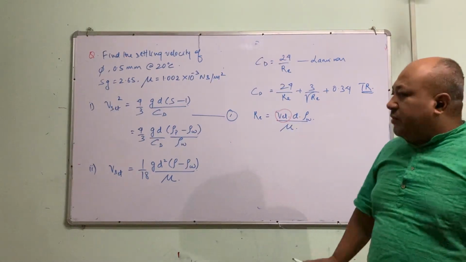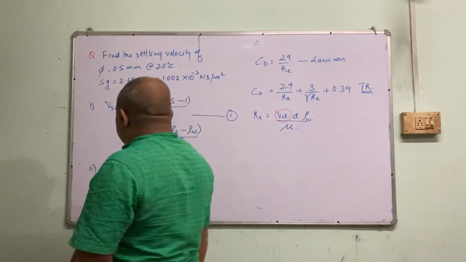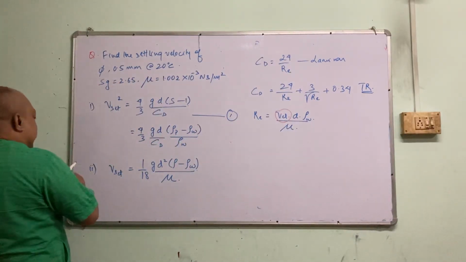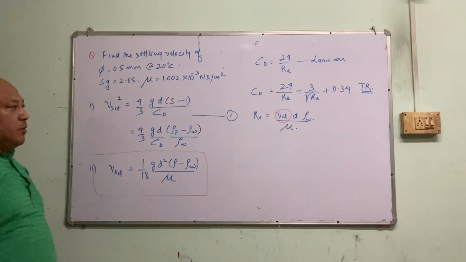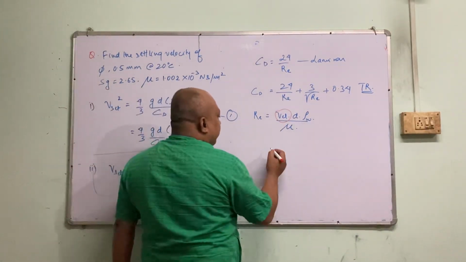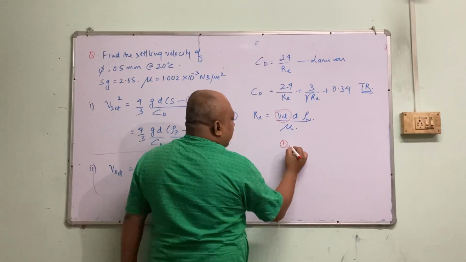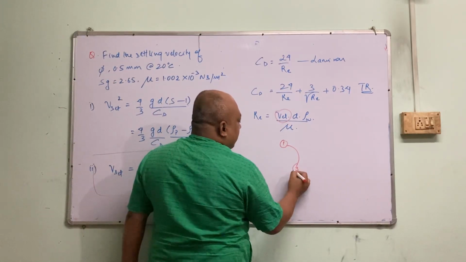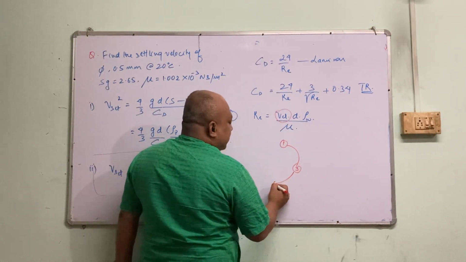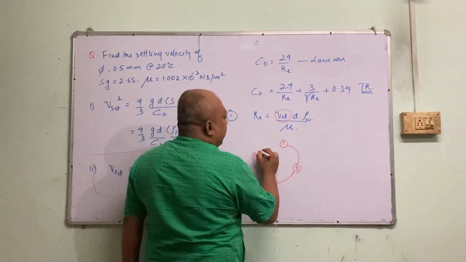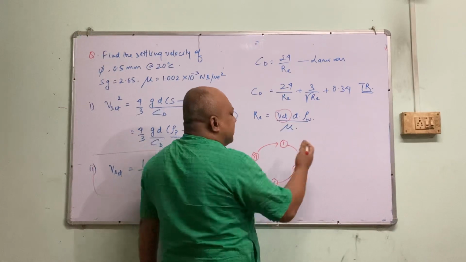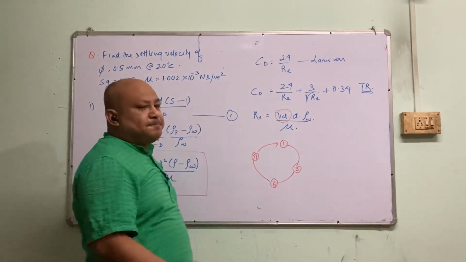So what we do is, straight away, we use this equation, but this is for laminar flow. Another example: to find this one, you have to find 3. To find 3, you have to find 6. To find 6, you have to find 9. To find 9, you have to find 1. So we don't know where to start.